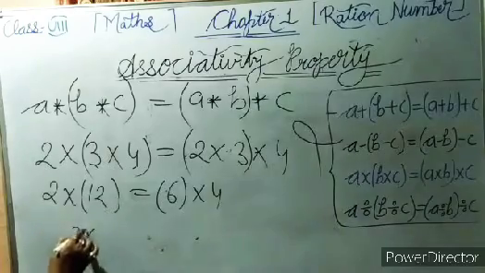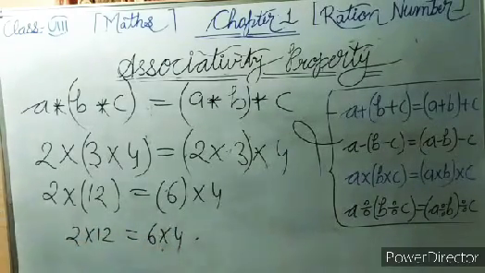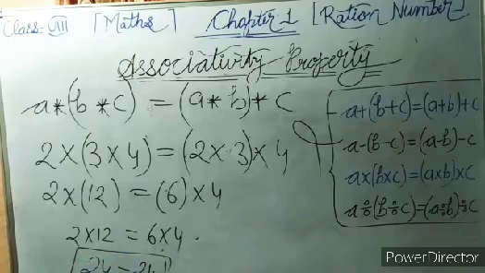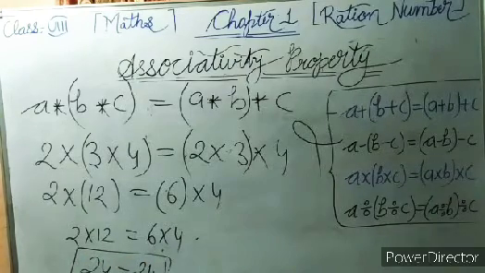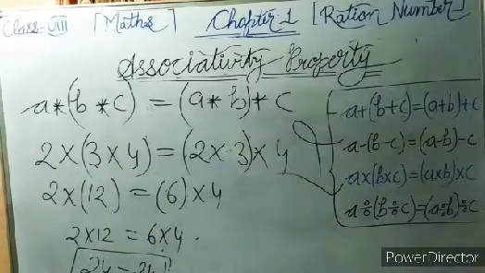It becomes 2 multiplied by 12 and 6 multiplied by 4. So 24 is equal to 24. 6 fours are also 24, and this is also 24. So multiplication is associative.